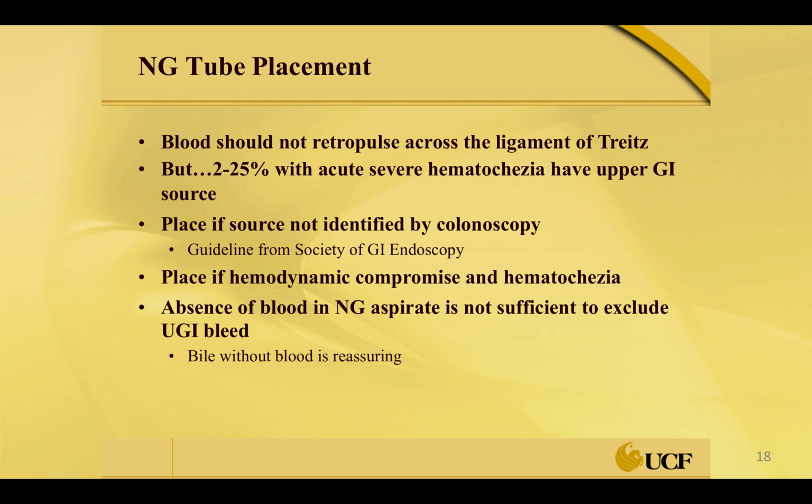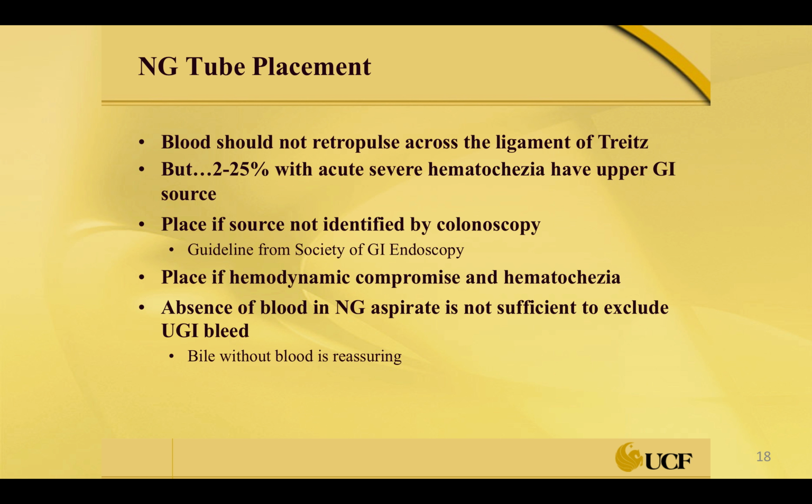Place it if the source is not identified by colonoscopy; that is the guideline from the Society of GI Endoscopy recommendation. Also place it if hemodynamic compromise and hematochezia are present. The absence of blood in NG aspirate is not sufficient to exclude upper GI bleed, though. We can see also bile without blood. If we see bile without blood, it's sort of reassuring that we don't have an upper GI bleed. But again, we have to take those findings very carefully.